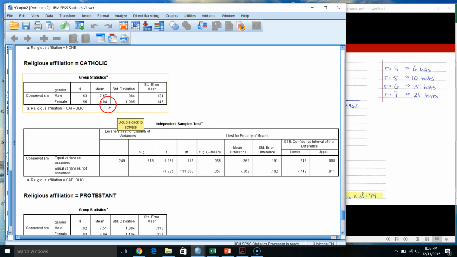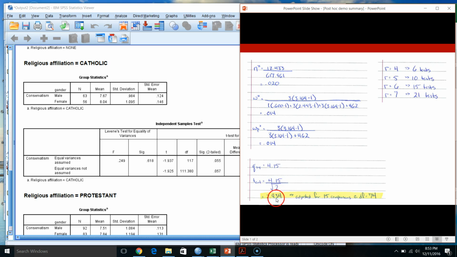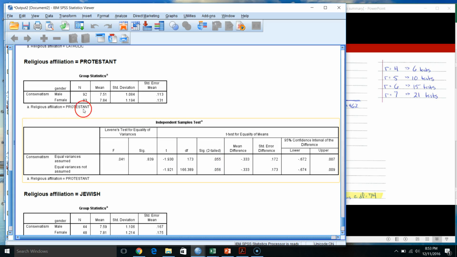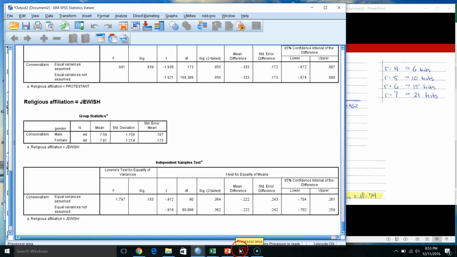With our women scoring greater levels of conservatism than men. Something marginal at alpha or per-comparison error rates, but again, nothing that's coming close to our correction for multiple comparisons. For our Protestant group, something similar, but again, nothing that's reaching our threshold here. And same thing for our Jewish men and women, nothing hitting criteria in here.